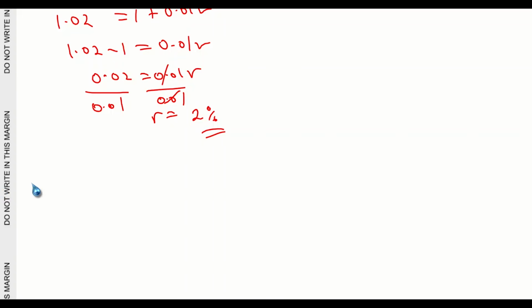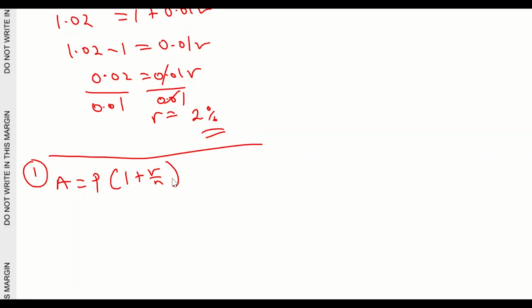So let me show you. We have two options. Let me say the first option is this. You can see that the amount is equal to the principal into 1 plus the rate over n, into n times t. If you key in the values now, the principal will be 500, that's from the beginning of year 1.